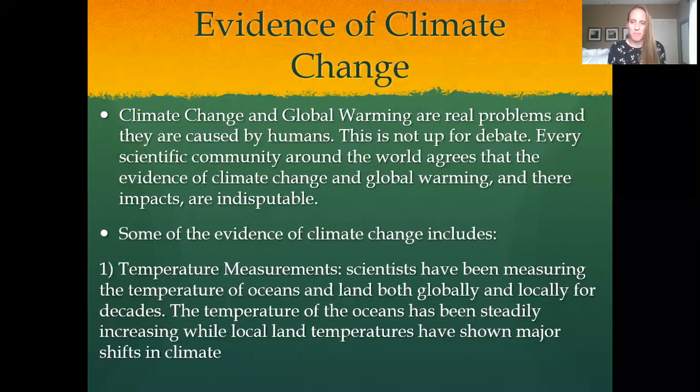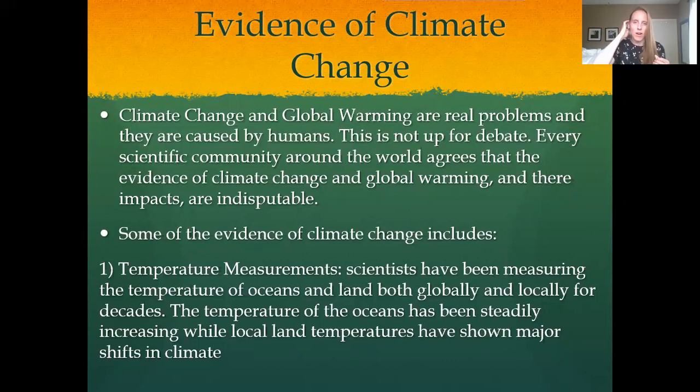The first is temperature measurements. Scientists have been measuring atmospheric, land, and ocean temperatures, both on the global scale and in local regions for decades now, and we can see from those measurements that the temperature of oceans has been steadily increasing, and then local land temperatures have been experiencing major shifts.